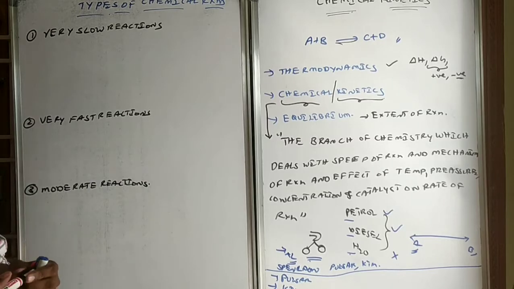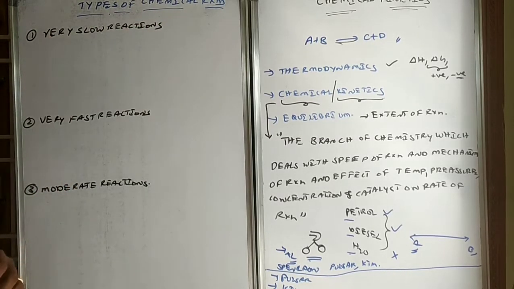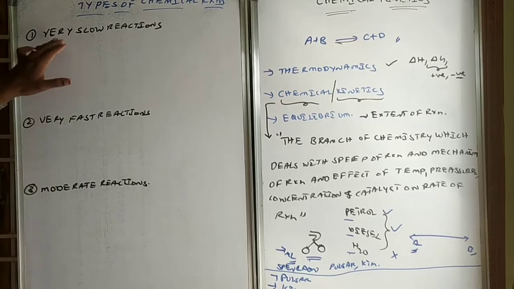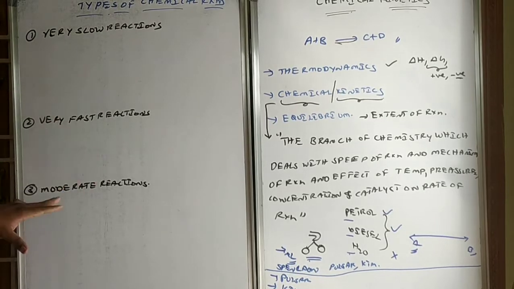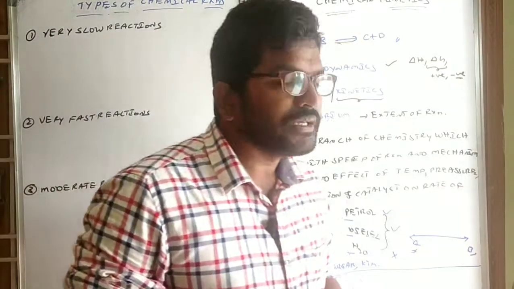Basically, we can classify chemical reactions into three types: very slow reactions, very fast reactions and then moderate reactions.